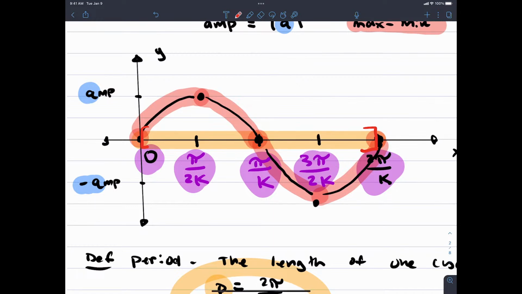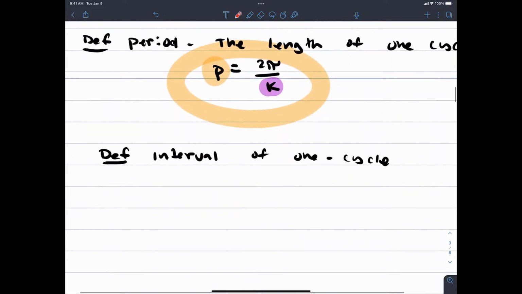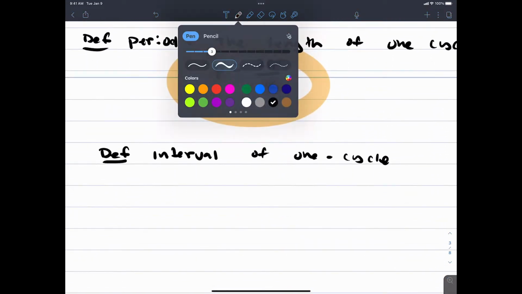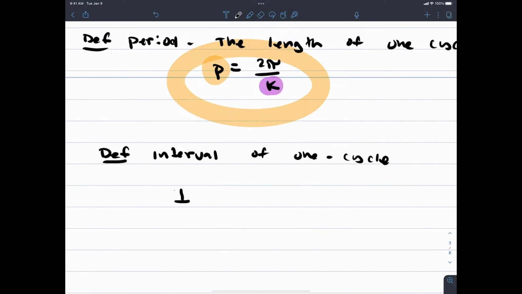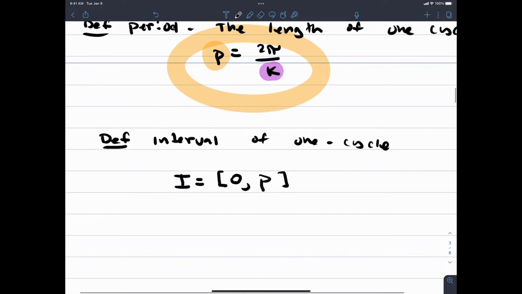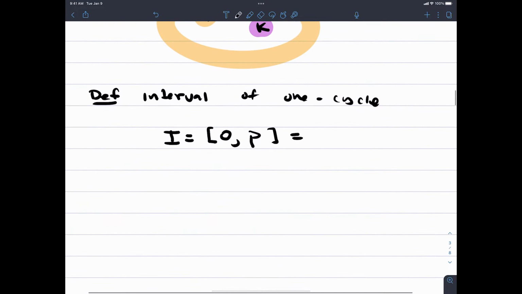That's the period. So the definition of that interval of one cycle, and I'll just say I for interval, it's a closed interval. It means you start at 0, and yes, you end at the period. But you guys know the period is actually, in general, 2 pi over k.